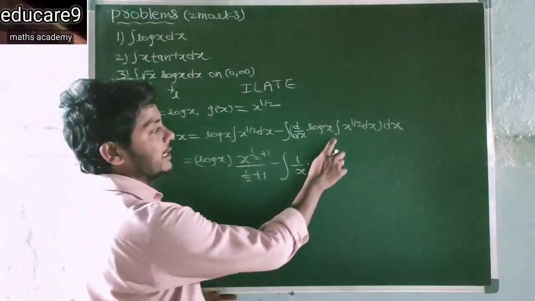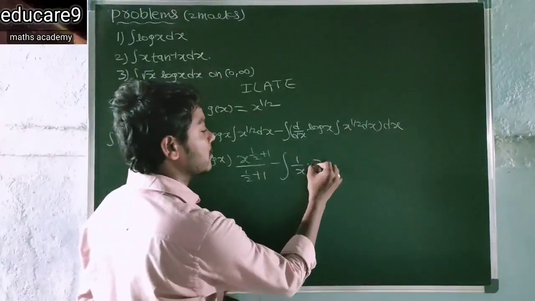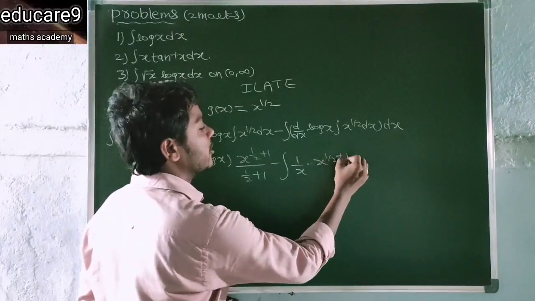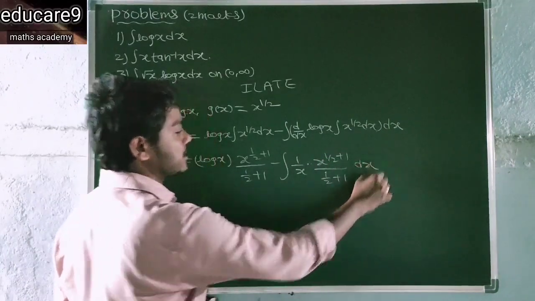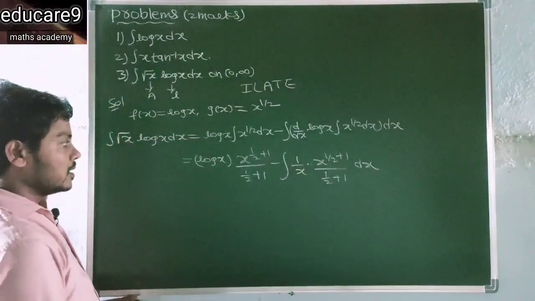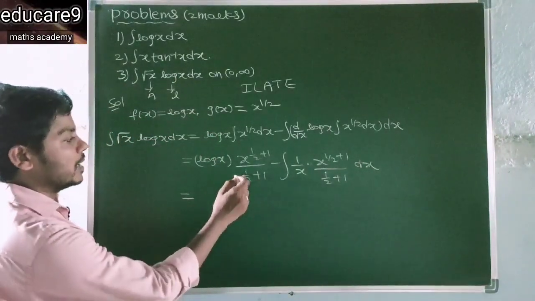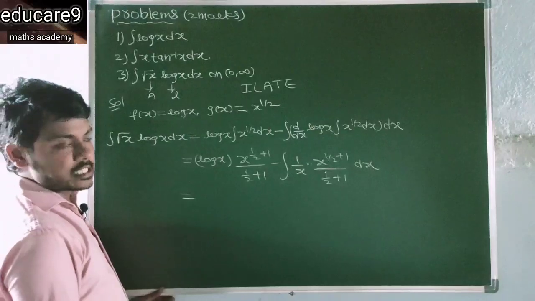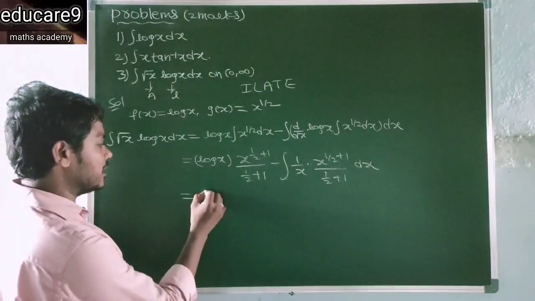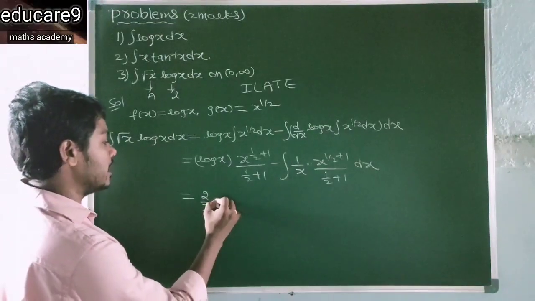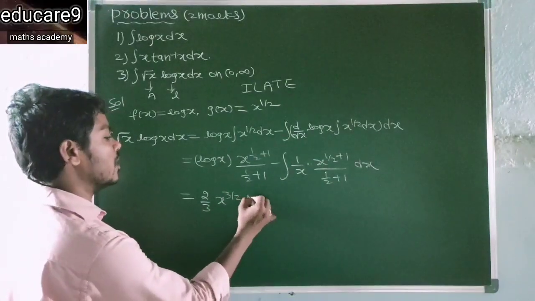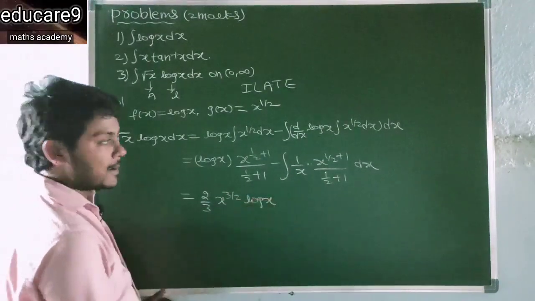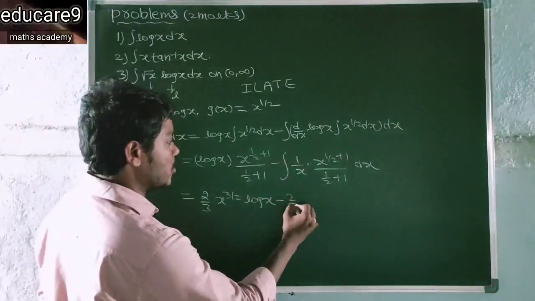So see here, integration of x to the power of 1 by 2, again x to the power of 1 by 2 plus 1, divided by 1 by 2 plus 1, dx. So now 1 by 2 plus 1 is 3 by 2. Then clearly that is 2 by 3 x power 3 by 2 log x minus 2 by 3.